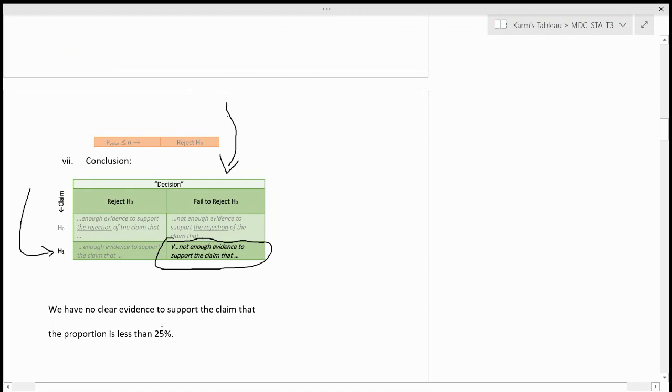Or you can do it the way you want. We have no clear evidence to support the claim that the proportion is less than 25%.